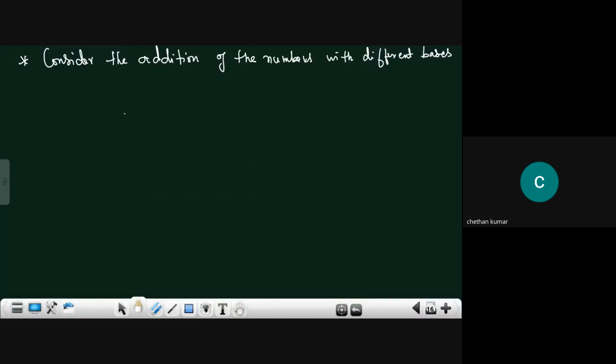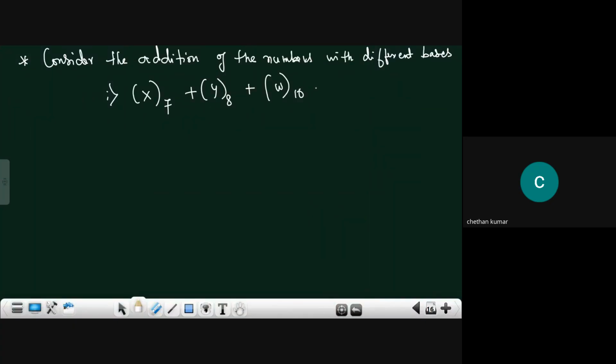So x of 7 plus y of 8 plus w of 10 plus z of 5. This is equal to what?